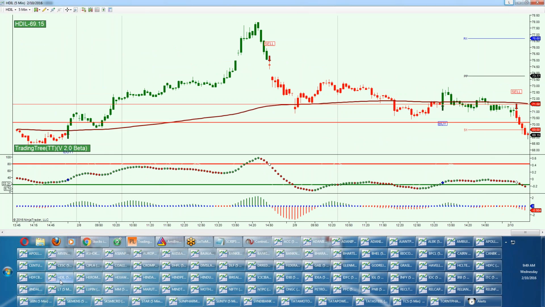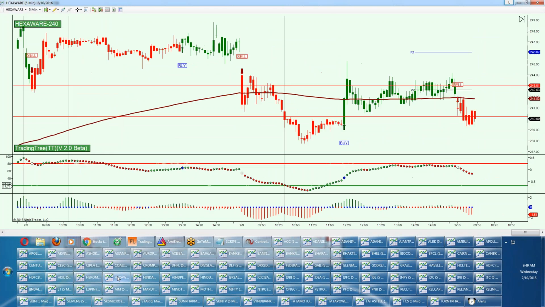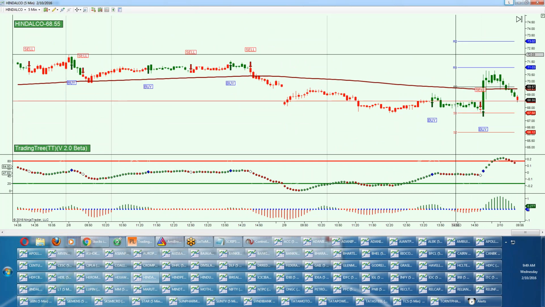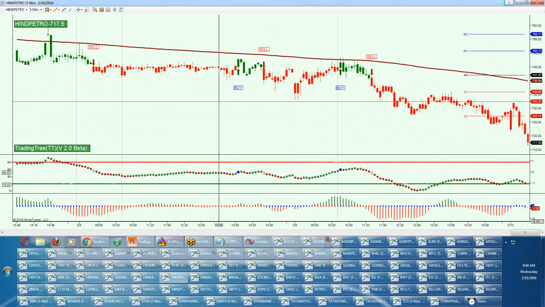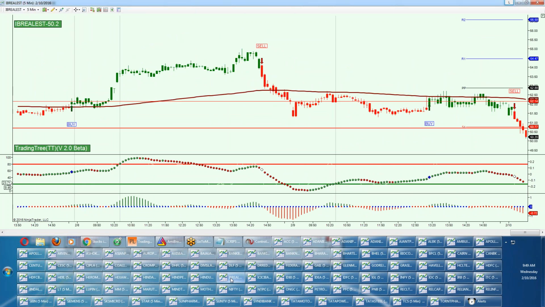So that's HDIL. So IB Real Estate, 5070 was your entry. Now it's at 5020.